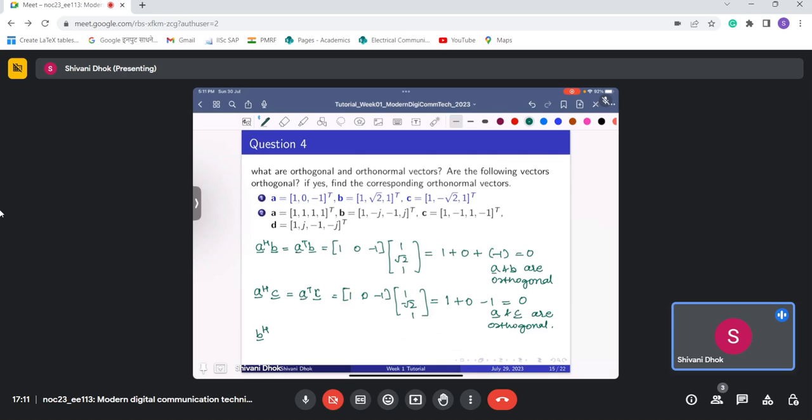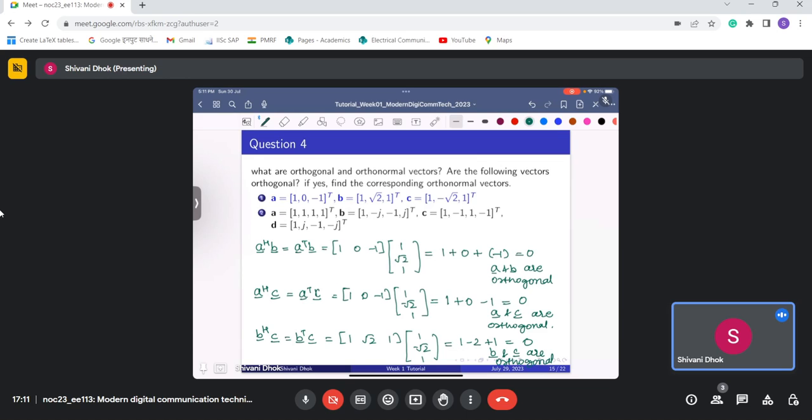We'll do b Hermitian c, which is b transpose c. b is 1 root 2 1 and c is 1 minus root 2 1. So this is 1, plus root 2 into minus root 2, that is minus 2, plus 1, which is equal to 0. So b and c are orthogonal.